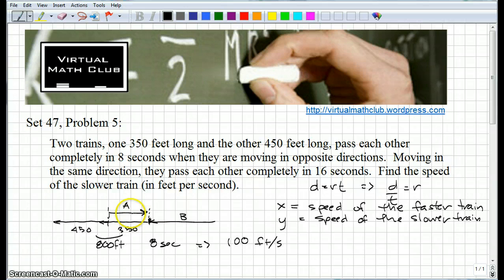Relative to train A, it's actually moving faster because it's moving toward us and the speeds are additive. So what we can say is that the speed of the faster train plus the speed of the slower train has to be 100 feet per second. Does that make sense? Because the speeds are additive.